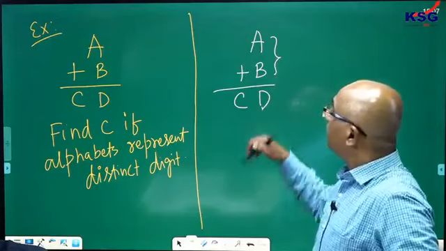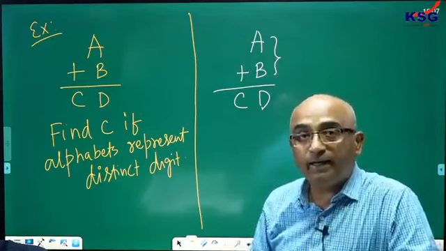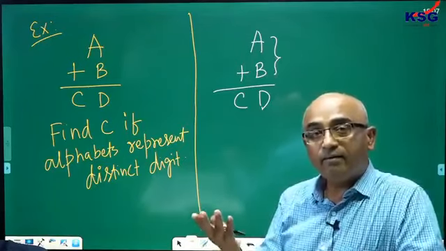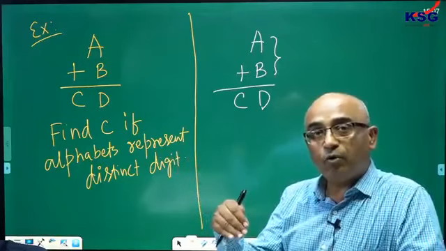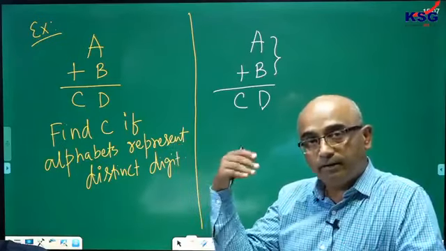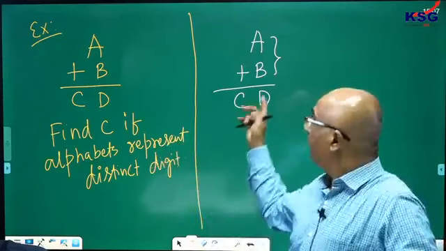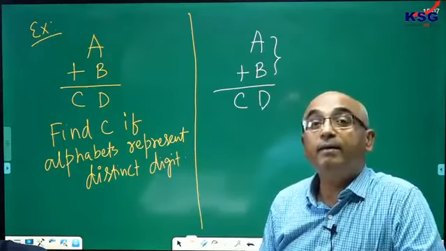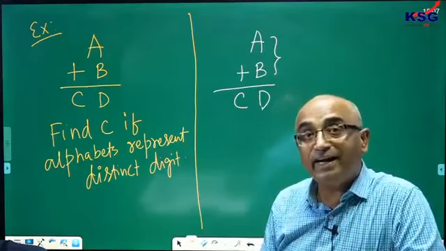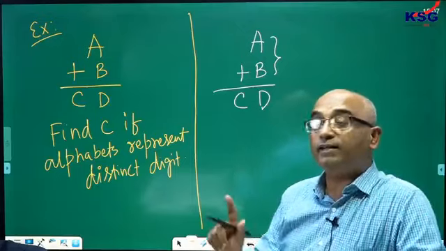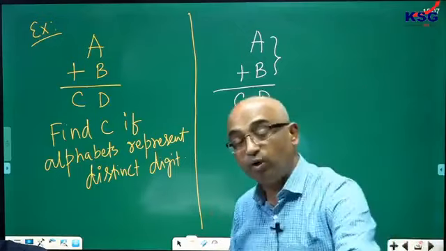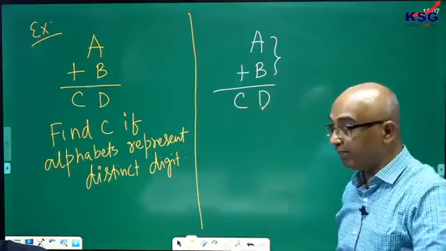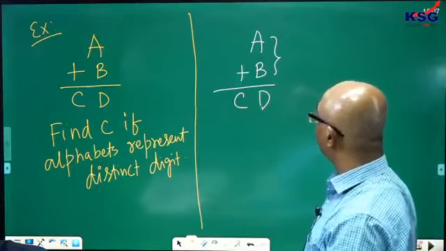So the minimum sum of A and B is 10: 6 plus 4 is 10, 1 plus 9 is 10. And the maximum sum of 2 single digits can be 9 and 8. 9 plus 8 is 17. In both cases, C will be 1. So very good, 1 is the 100% right answer.